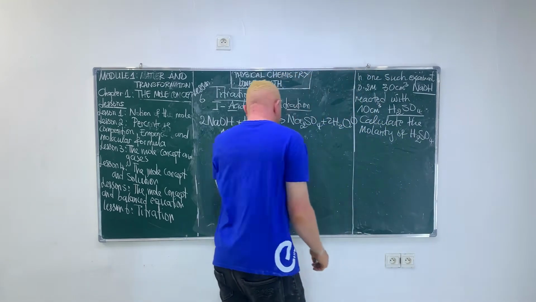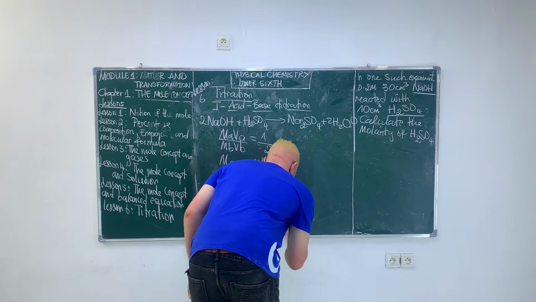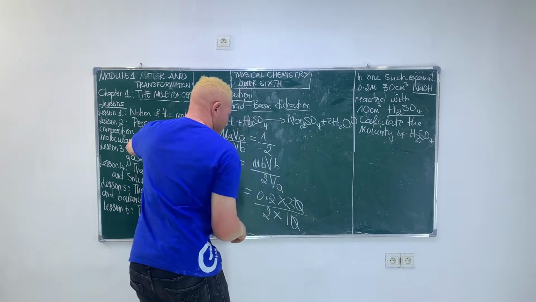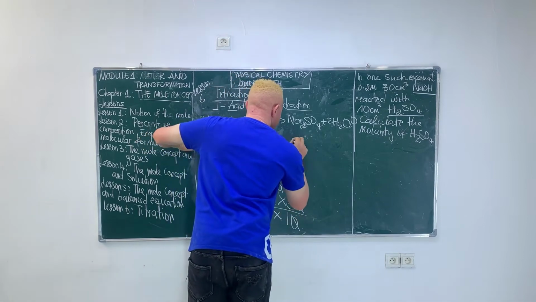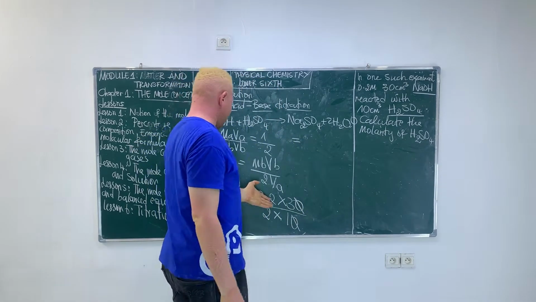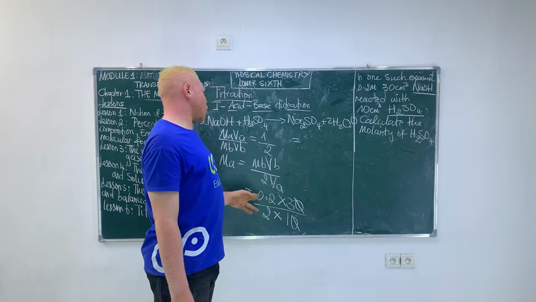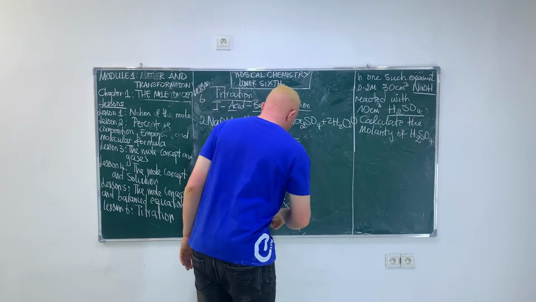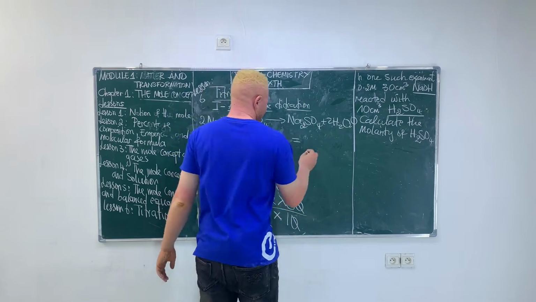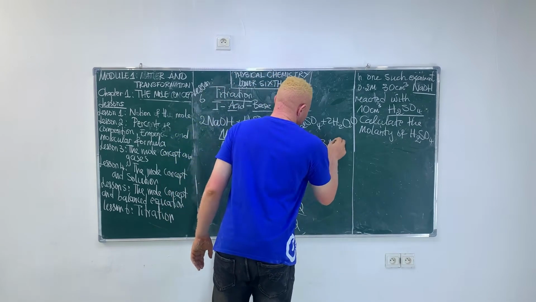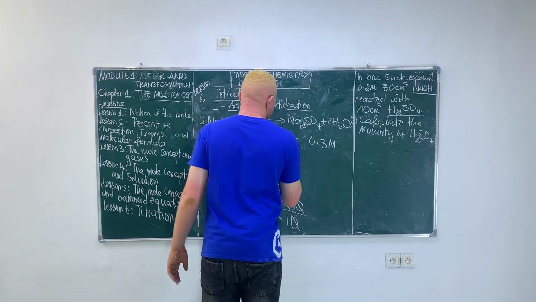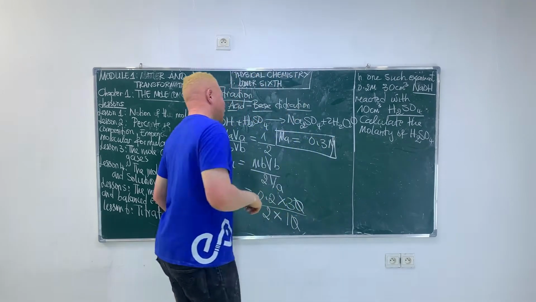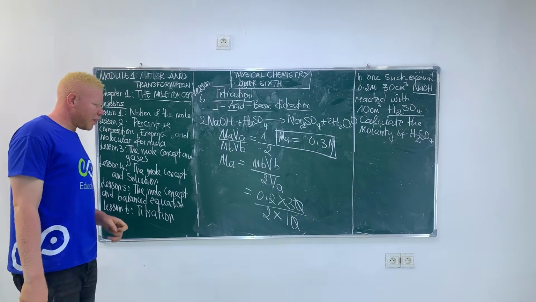The volume of the acid is 10. So the molarity of the acid is 0.1.